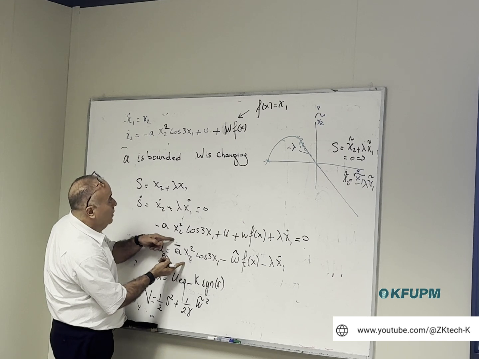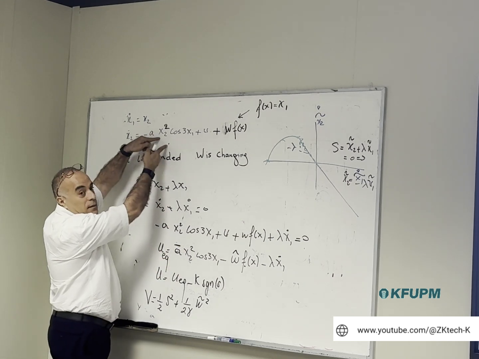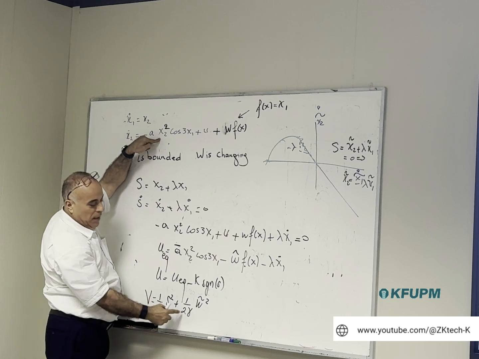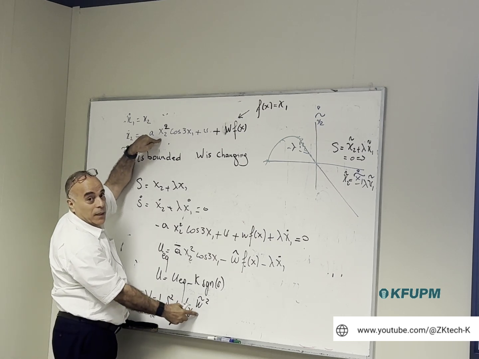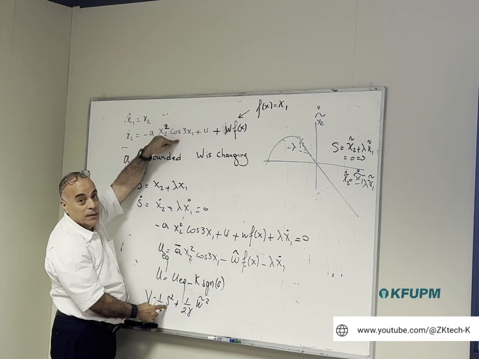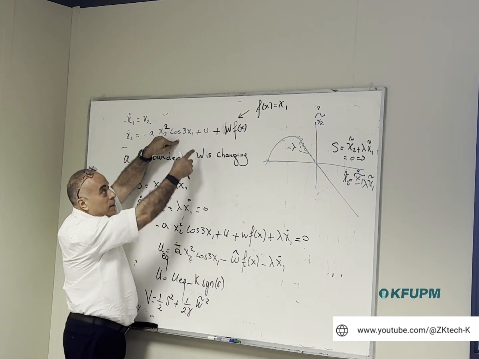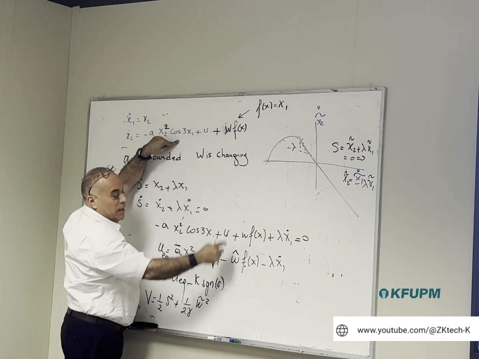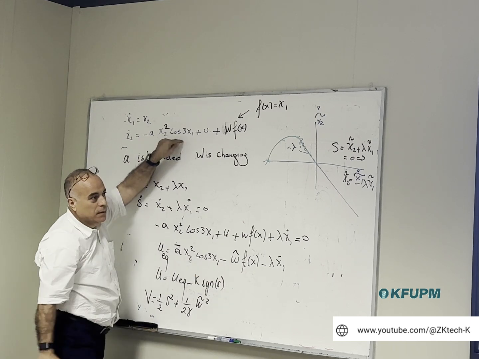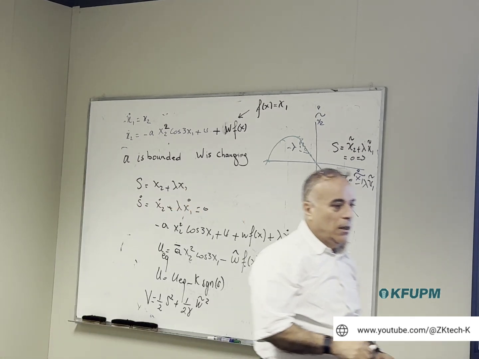You take this controller, you plug it here. So you will have S times S prime plus W tilde times W tilde prime. And then your W tilde will appear in your S prime here because when you replace, you are going to have W minus W tilde. Everybody is okay with this? You can do the math. So let's see how the control will work.